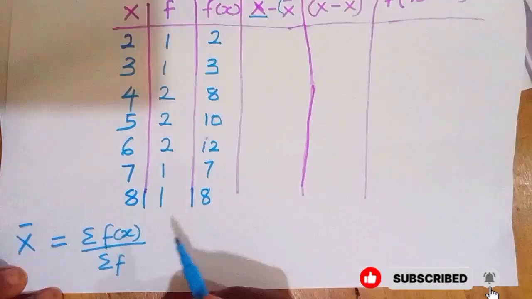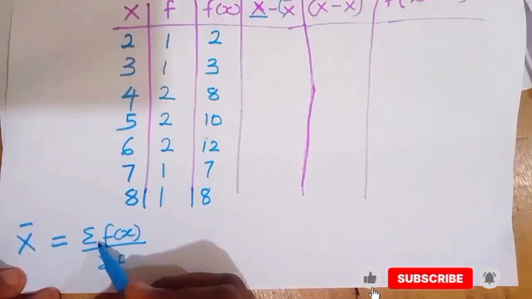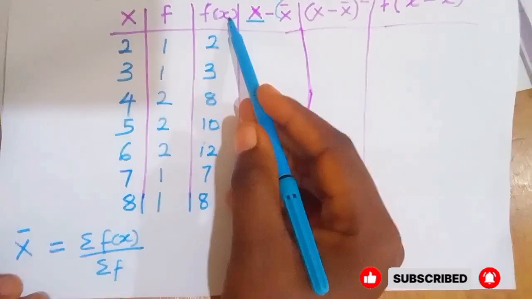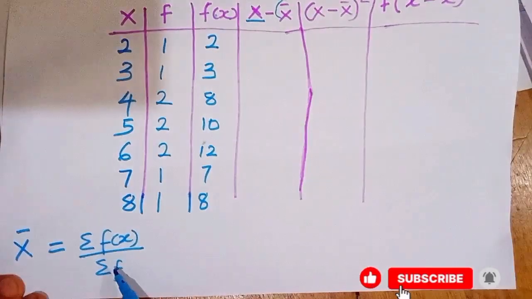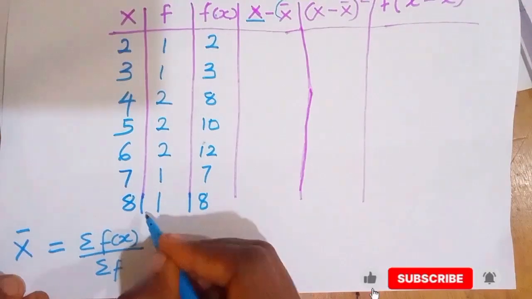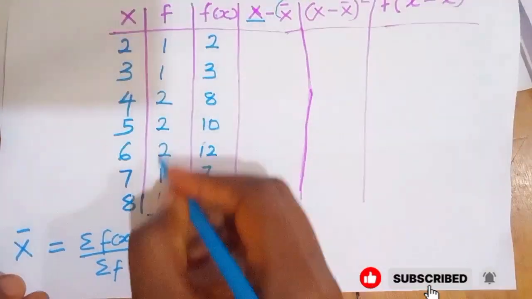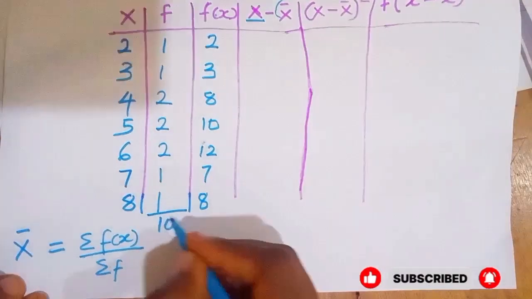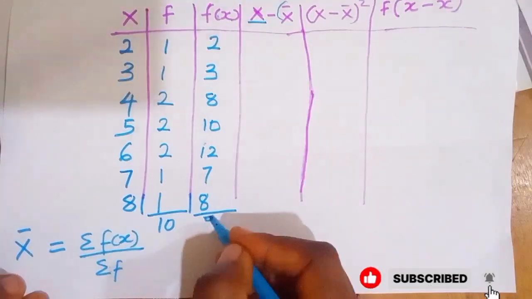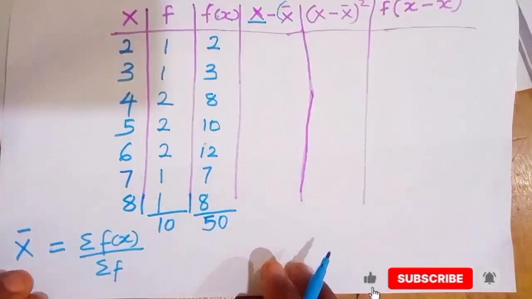So we need the summation of f multiplied by x and also the summation of frequency. Let's sum it together. If we sum the frequency, we have 10. We sum this one, it gives us 50. Press your calculator and it will give you 50.